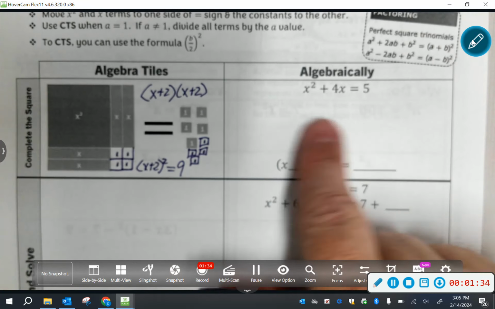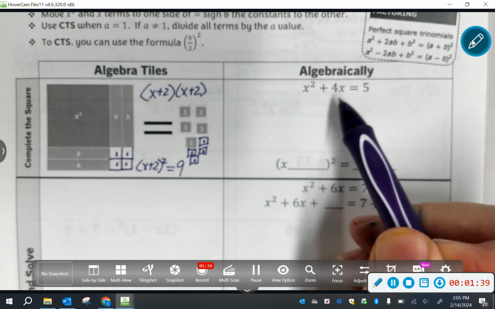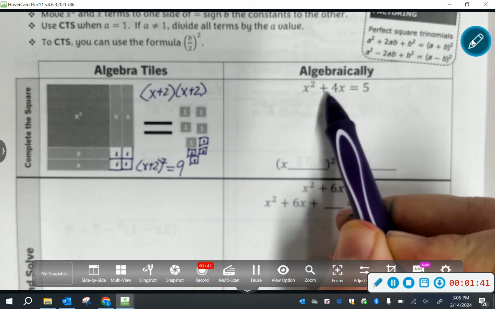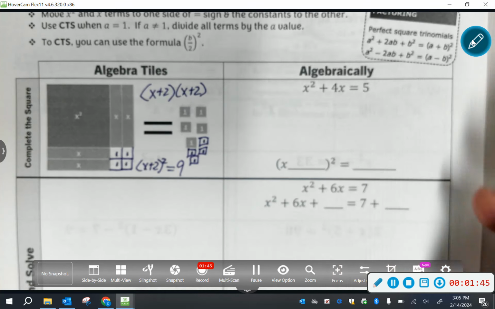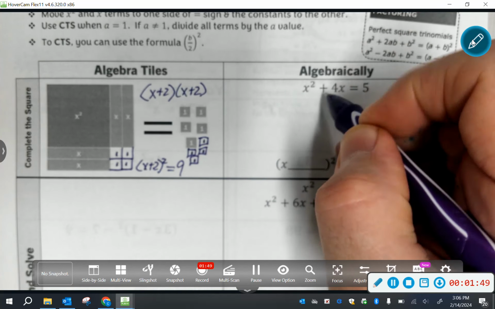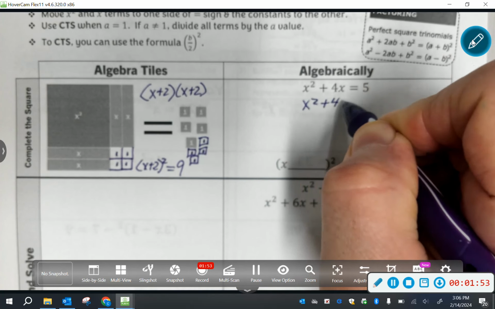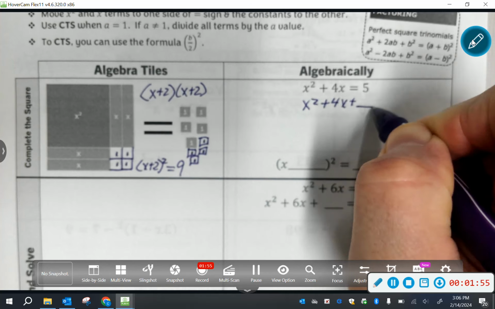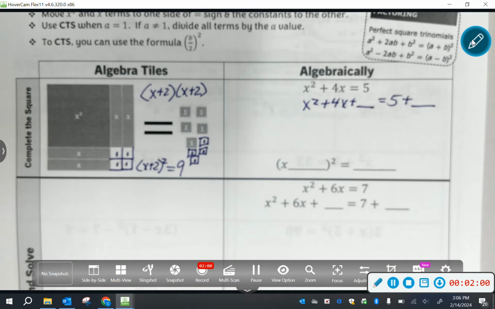On this first one, we just want to set up completing the square. We have to start off with our x's on the left and the constant over here. What we're going to do is take half of 4 and then square it. So I'll make my blanks: x squared plus 4x plus blank is equal to 5 plus blank.